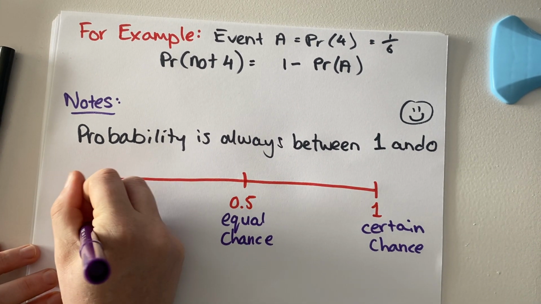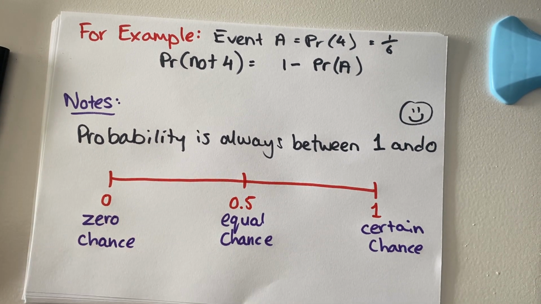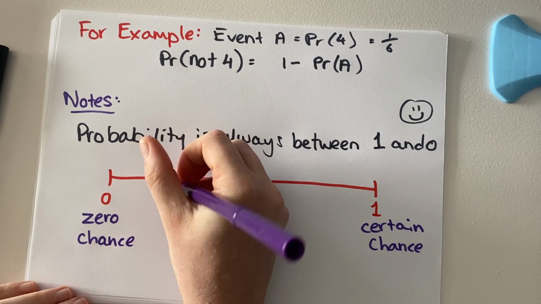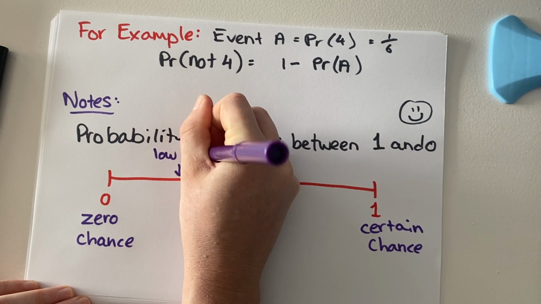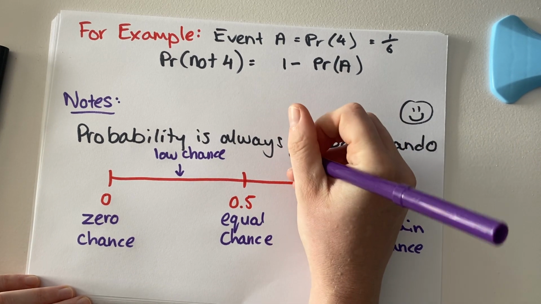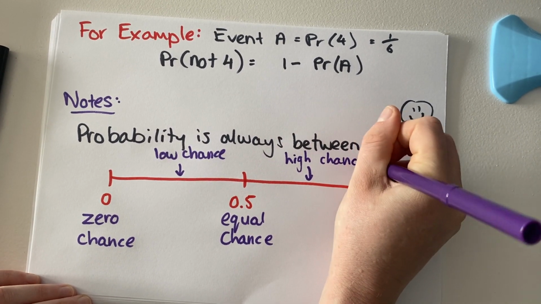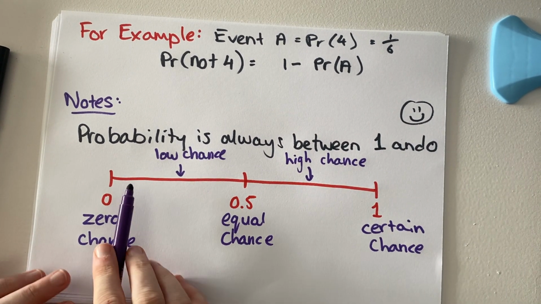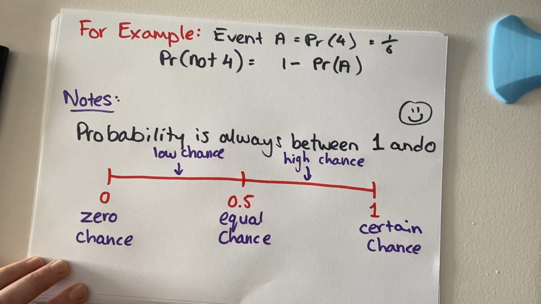And over here, 0 chance. Then somewhere in here will be low chance, and here, high chance. In between all of these, you'd have 0.1, 0.2, 0.3, 0.4, then we go halfway.